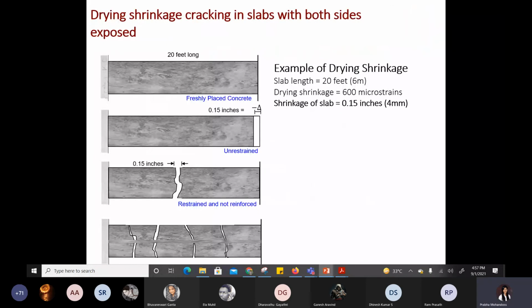So here is an example of how cracks occur when there is restraint on your concrete exposed to drying conditions.